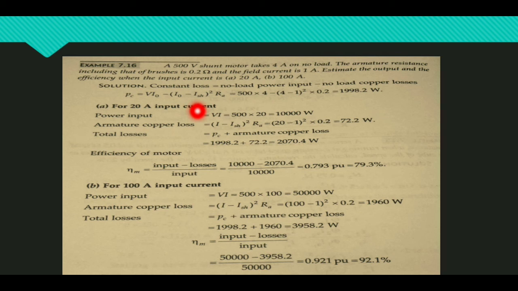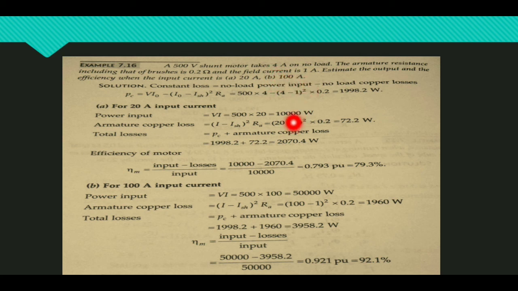So into RA equals 500, that is the supply voltage of the motor, into 4, that is the no load supply current, minus, in bracket, 4 minus 1. 4 minus 1 means the supply current 4 and the field current 1.